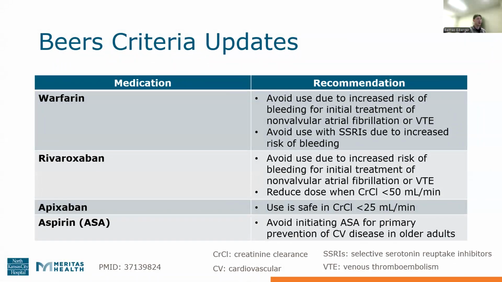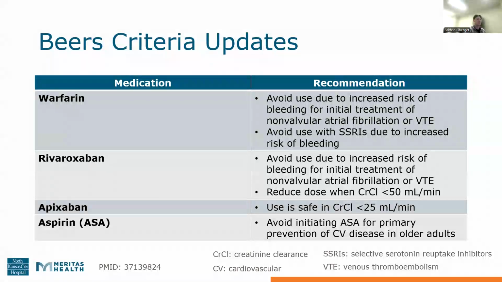The Beers criteria put out an update that they recommend avoiding use due to increased risk of bleeding for initial treatment of atrial fibrillation or VTE, which is essentially just a blood clot. They also recommend avoiding use with SSRIs, selective serotonin reuptake inhibitors, an antidepressant, due to increased risk of bleeding.